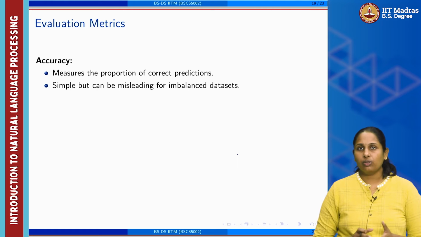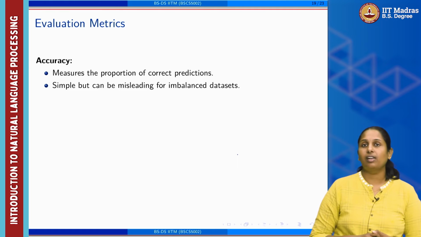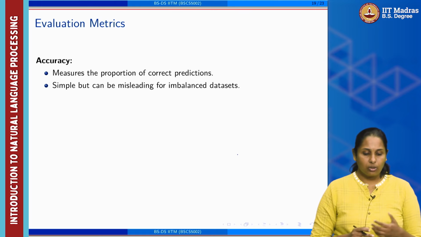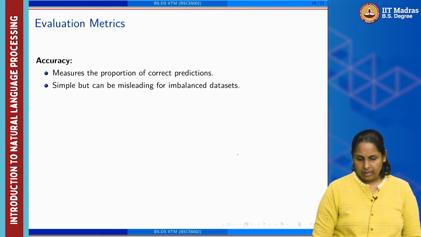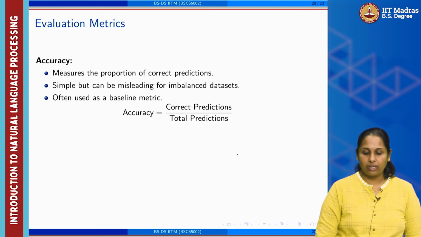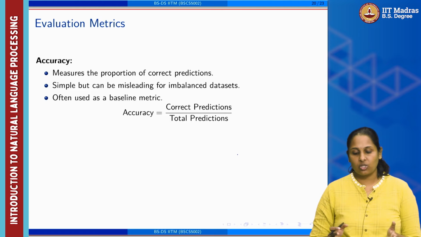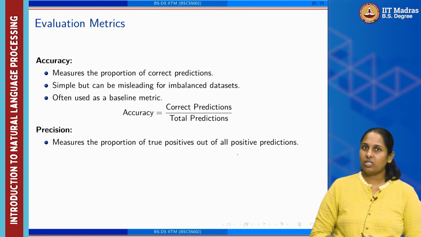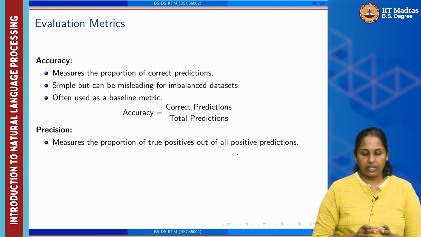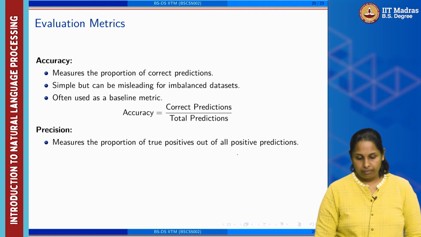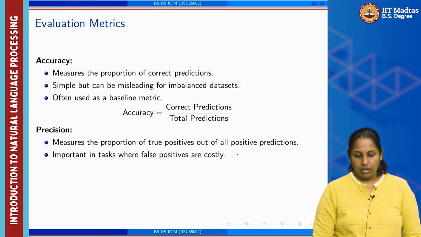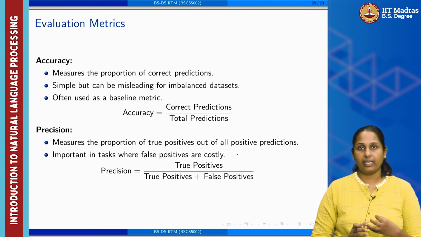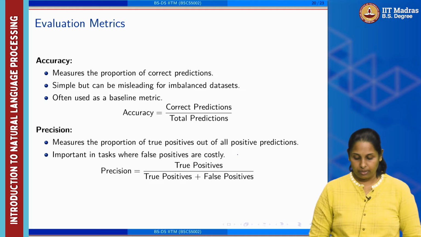How are we going to evaluate them? The evaluation is no different from the statistical methods. Again we use accuracy: from the total predictions, we identify the correct predictions. Precision has already been discussed: we identify the true positives out of all the positive predictions.